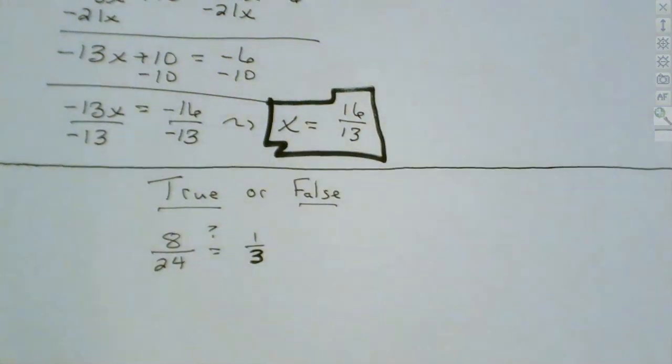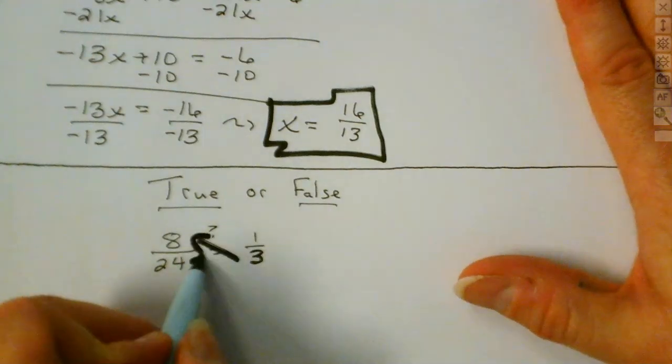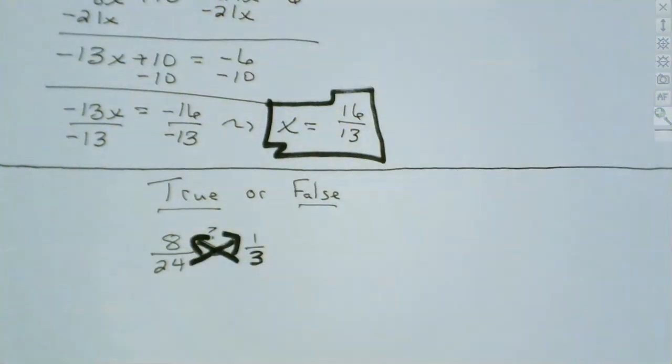But if I can't see for sure if it's going to reduce down, what do I do? Cross multiply. Now, if I cross multiply and they are the same, then it's true, and 8 over 24 is the same as 1/3. So let's cross multiply and see. If they're equal, then they should be equal when we cross multiply.